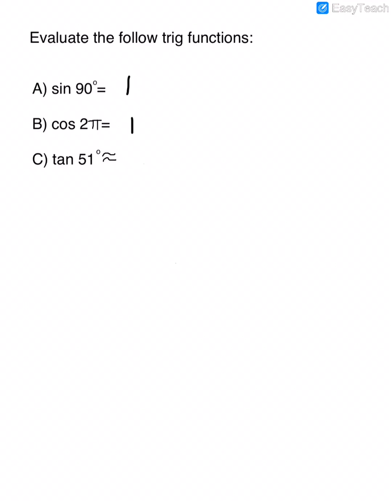And for the tangent of 51 degrees, we would need to use our calculator in degree mode, and we would find that it's approximately 1.234897157, and it would keep going. It's an irrational number.